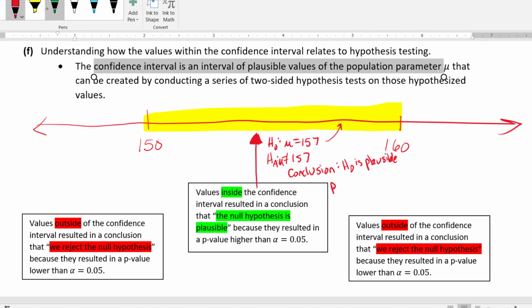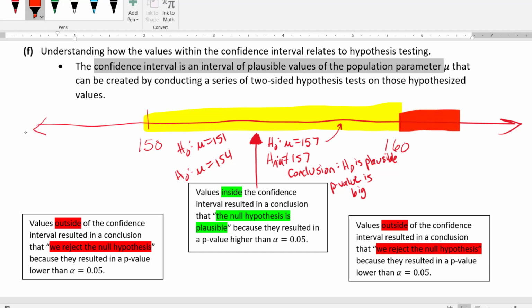So the p-value you got when doing this hypothesis test must be big, in this case bigger than 0.05, bigger than the significance level. That would be true if you did a hypothesis test for mu equals 157, mu equals 151, or mu equals 154. For any value in that yellow range, if you did the two-sided hypothesis test, your conclusion would be that the null hypothesis is plausible, that that value of mu is plausible.